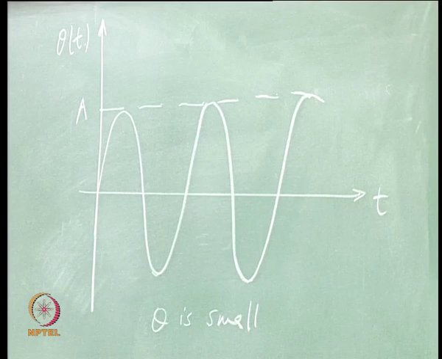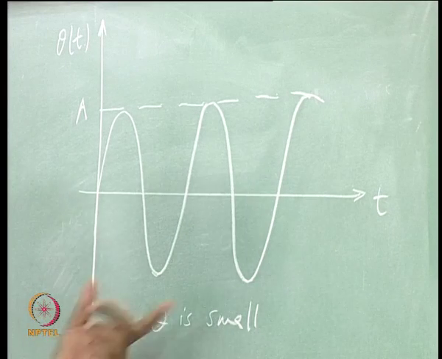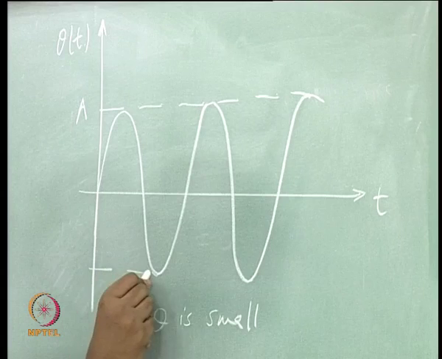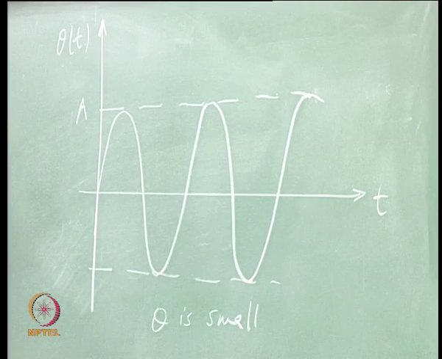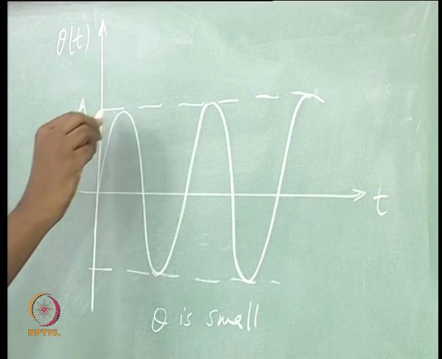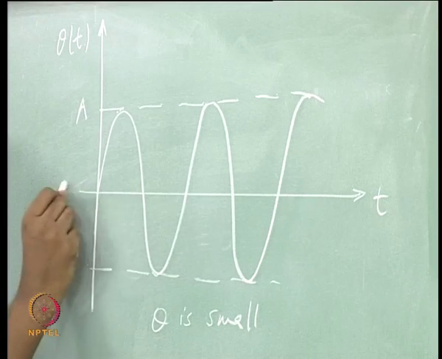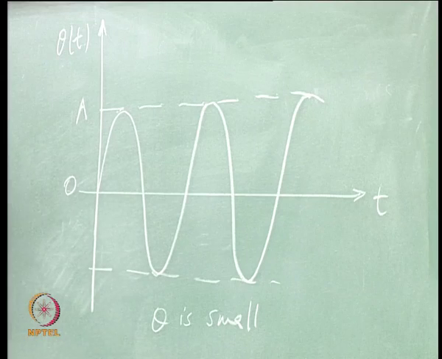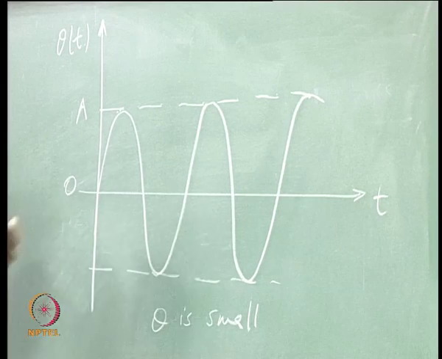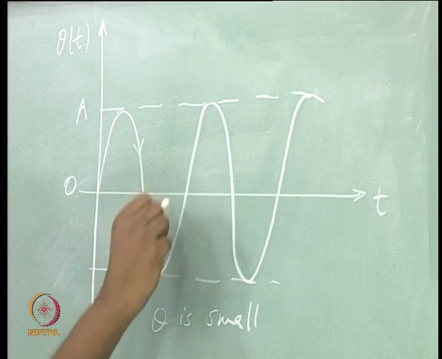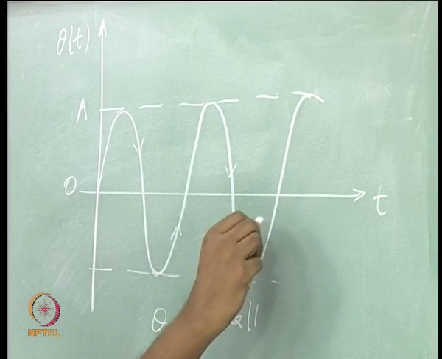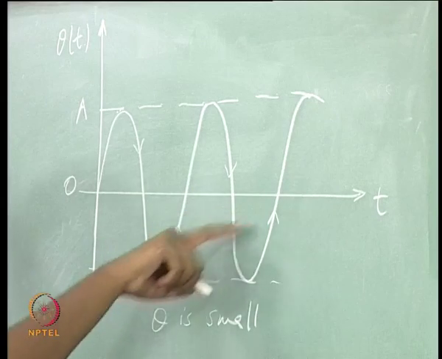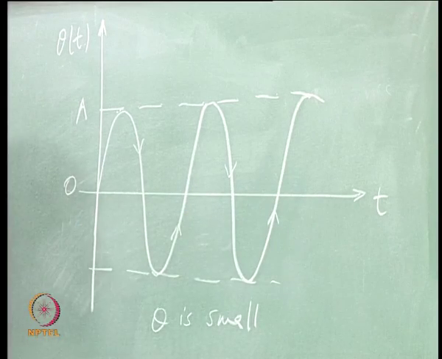Now, the question is, how do we infer about the stability from here? Clearly, this mass m is statically stable about this equilibrium position, which is theta equal to 0, because it has a tendency to come back to this equilibrium state. So, it's statically stable.